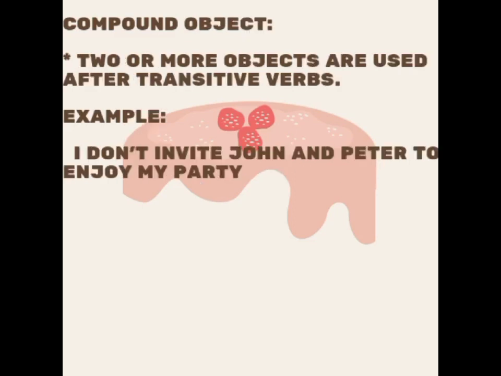Next is the compound object. In a compound object, two or more objects are used after a transitive verb. For example, I don't invite John and Peter to enjoy my party. The subject is I. The verb is don't invite. The compound object is John and Peter.